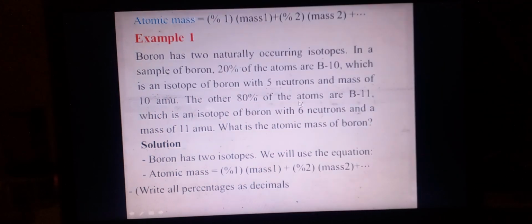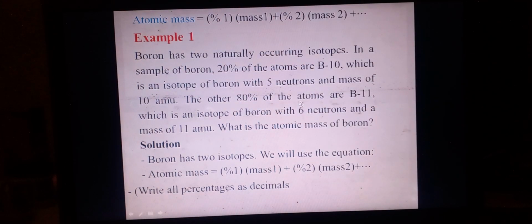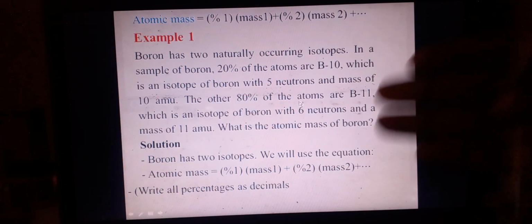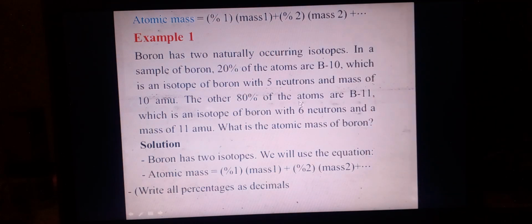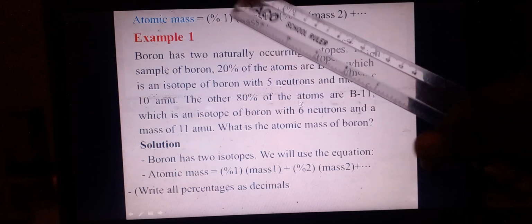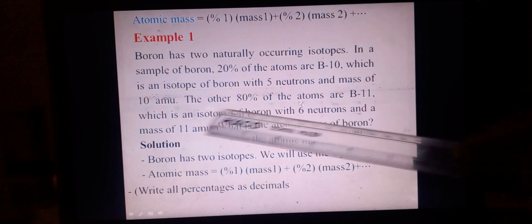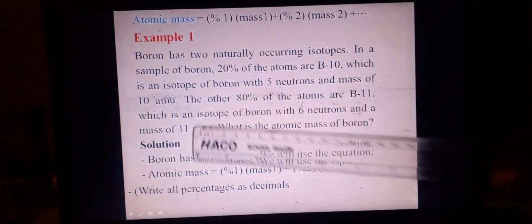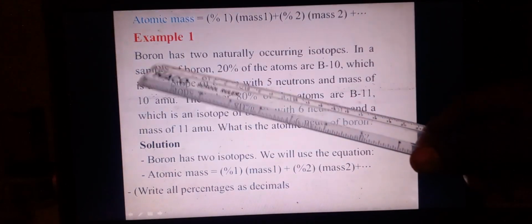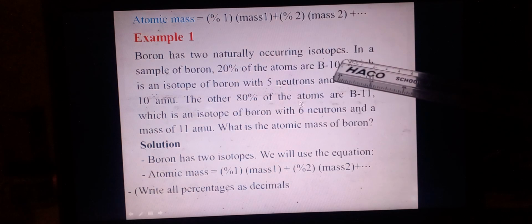Now you can apply that formula generally. An atom can have two isotopes, or 3, 4, and 5 like that. You apply the same formula to work out the relative atomic mass. In example 1, they have given us boron. Boron has two naturally occurring isotopes.